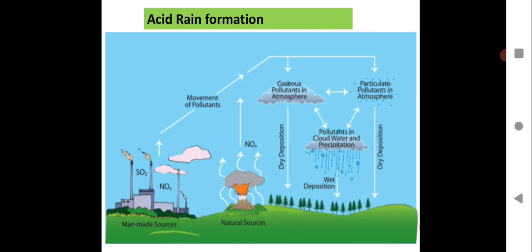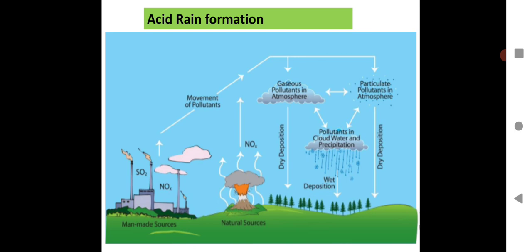So this is how acid rain works, as I told you: the gaseous pollutants in the atmosphere come down when you have rainfall. So pollutants in the cloud water and precipitation, all those particulate pollutants in the atmosphere, fall along with the rain.